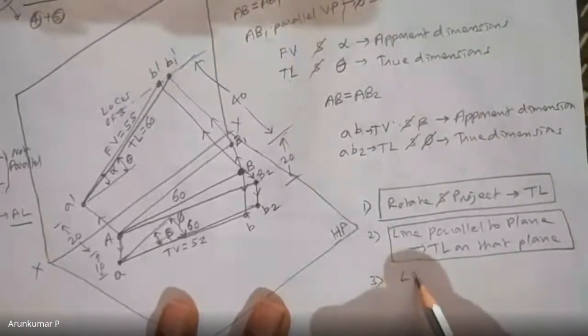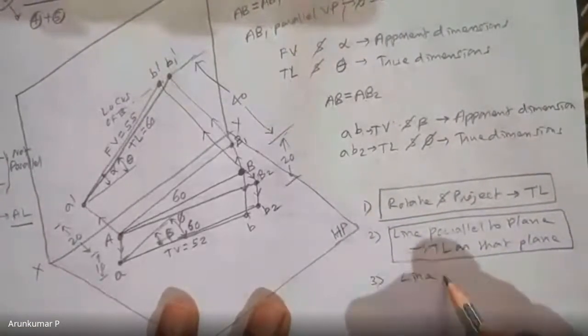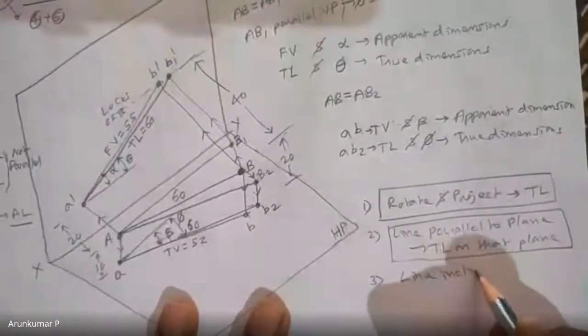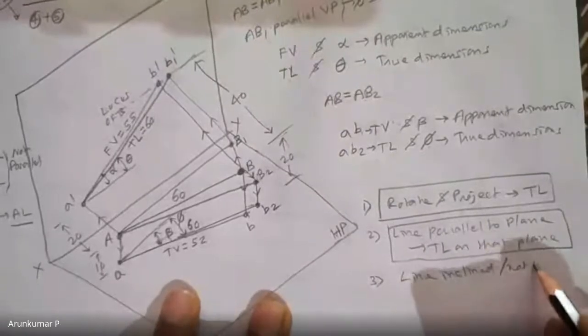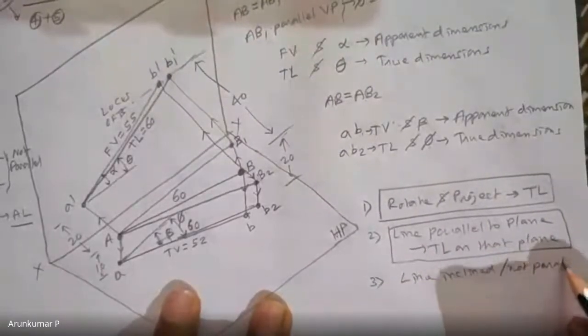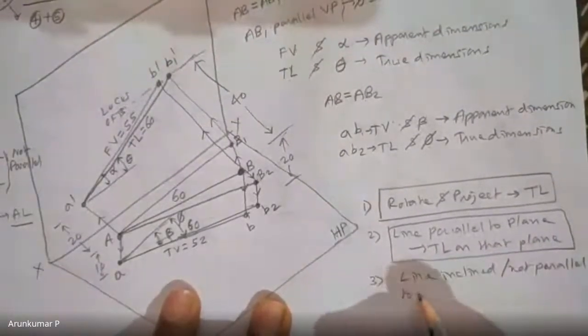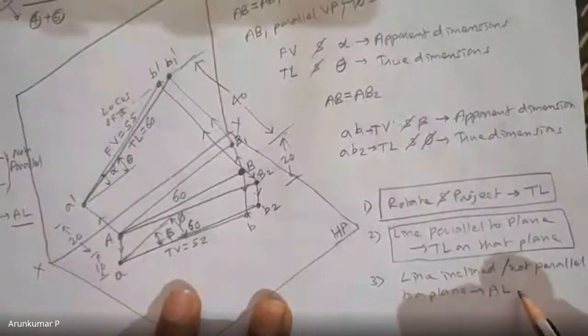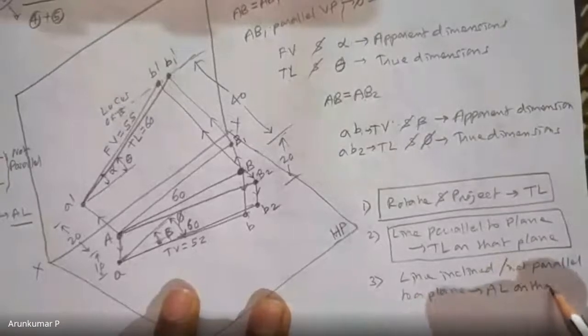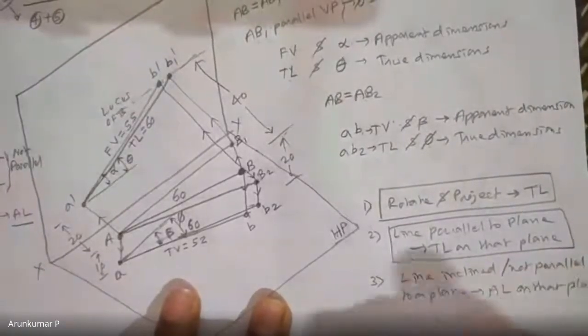Third, line inclined, or simply you can say not parallel, not parallel to a plane, you will get the apparent length of that line on that plane.